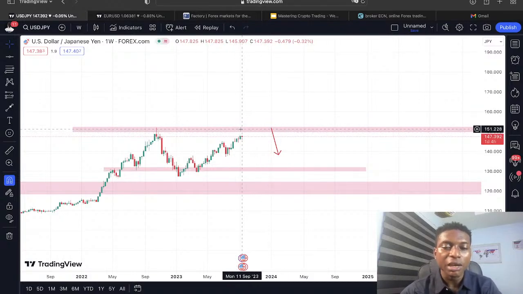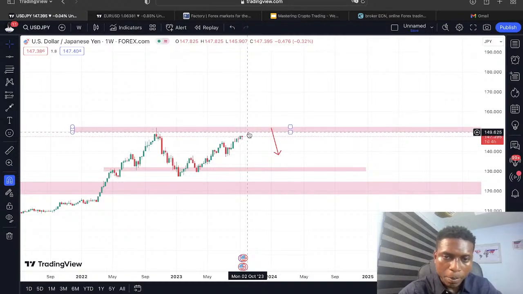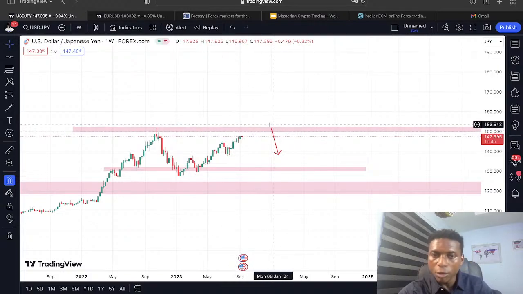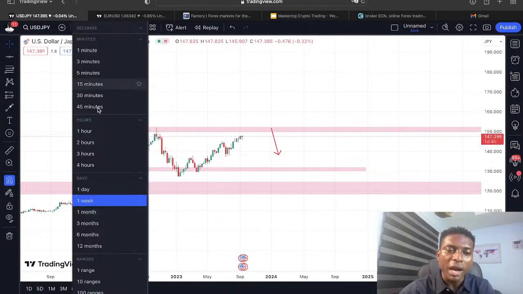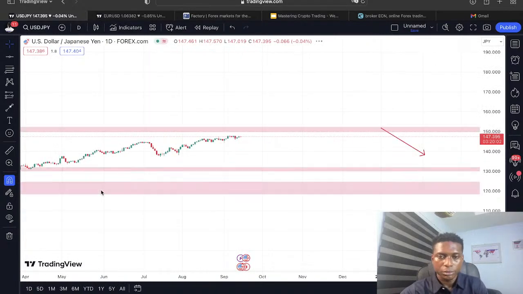When it touches this level, expect a rejection. So expect a rejection when price touches this level of resistance which I've marked here. But for now, USD JPY is still bullish.